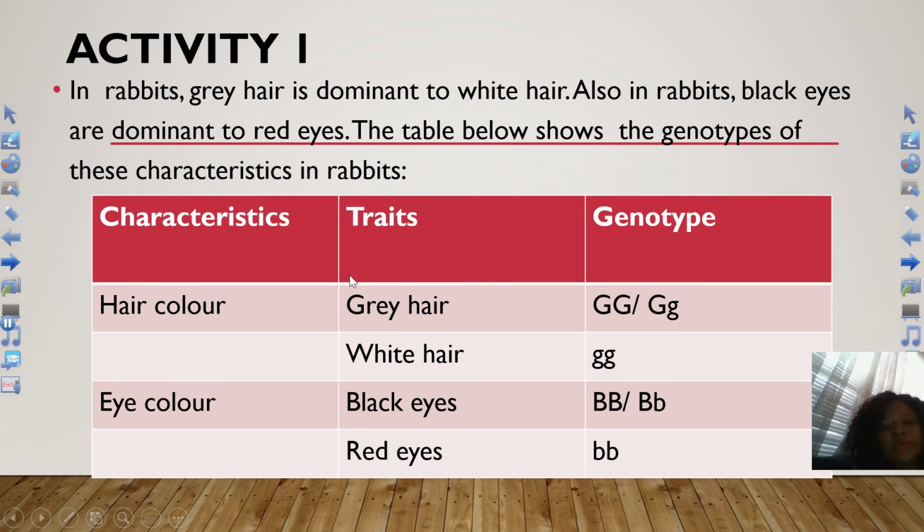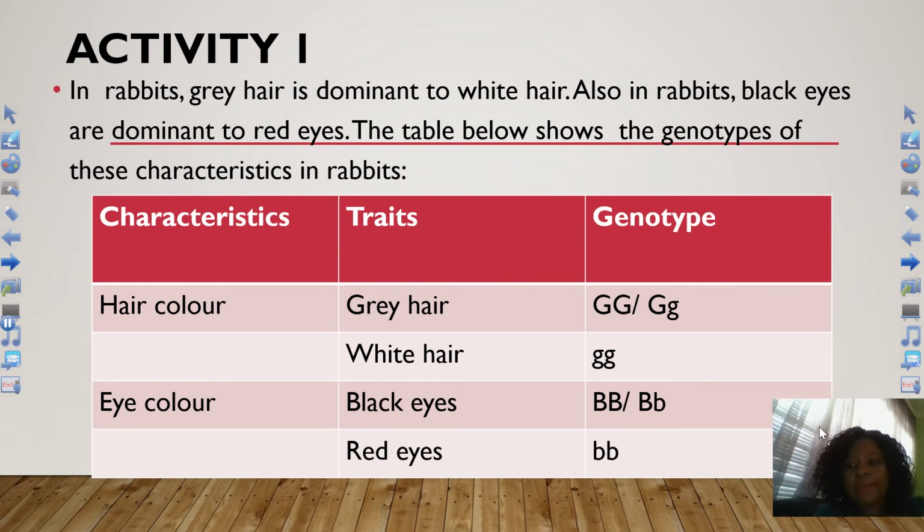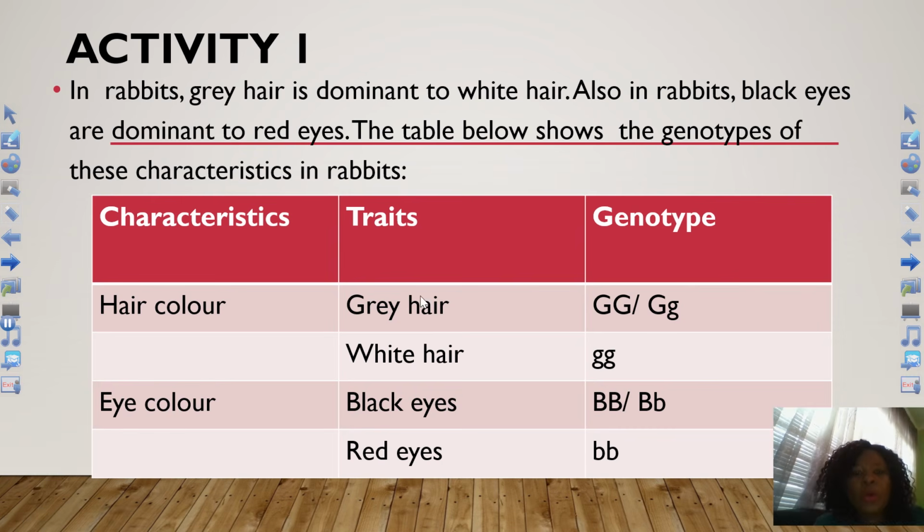And the traits or the variants of these characters is, for hair color, we've got gray hair, and we have been told that gray hair is dominant to the white hair. So gray hair, in terms of the genotype, there are two possible genotypes there.